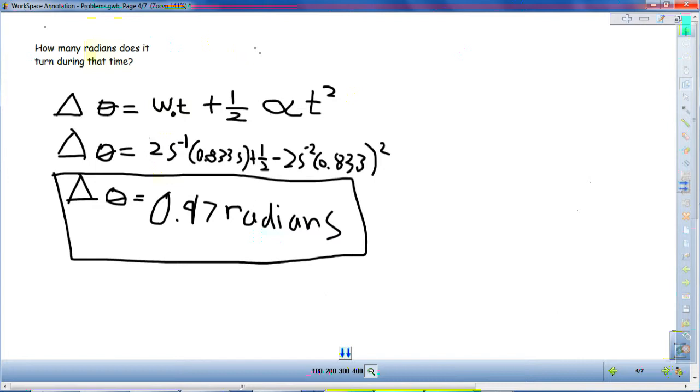Delta theta equals 2 inverse seconds times 0.833 seconds plus 1/2 times negative 2 seconds inverse squared, and remember the negative since it's slowing down, times 0.833 seconds squared. And your change in theta should be 0.97 radians.